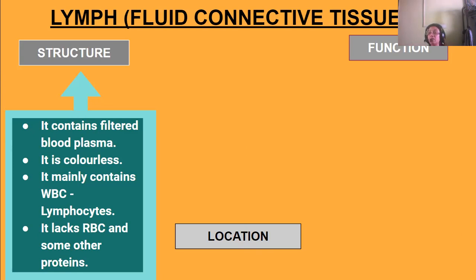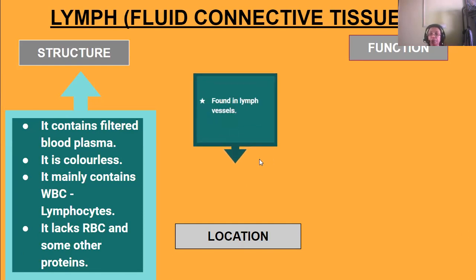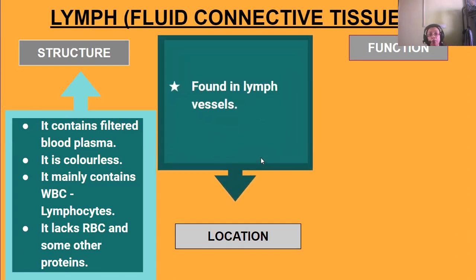But as lymph does not have RBCs, it is colorless, and white blood cells are colorless too. It also lacks some other proteins which may be present in the blood.